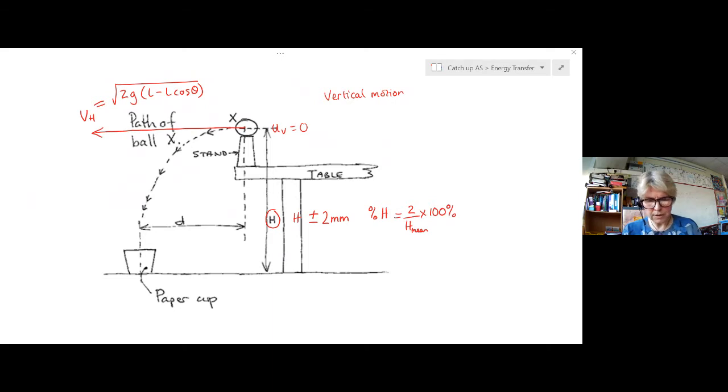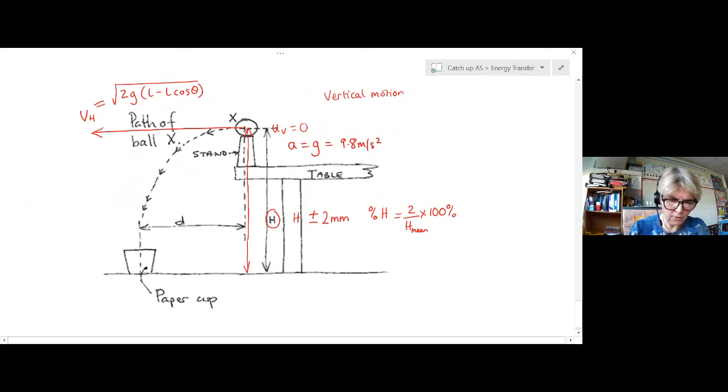We don't know what the final vertical velocity is, but we know that the acceleration is the acceleration of free fall, g, which is 9.81 meters per second squared. We also know h, the distance dropped through to get to the floor.